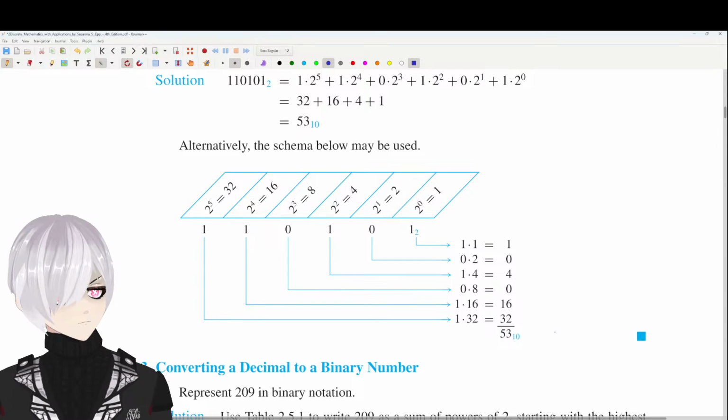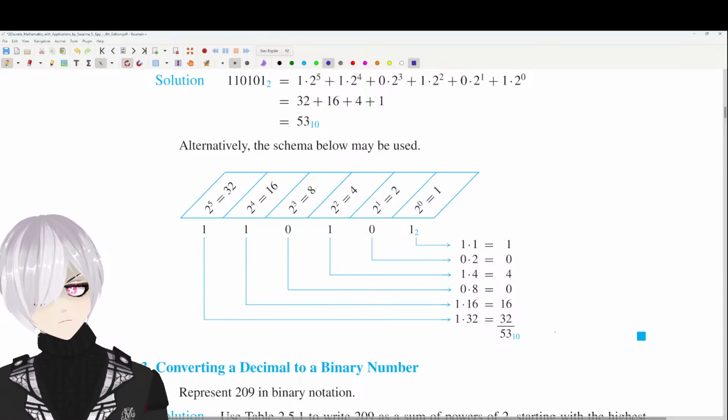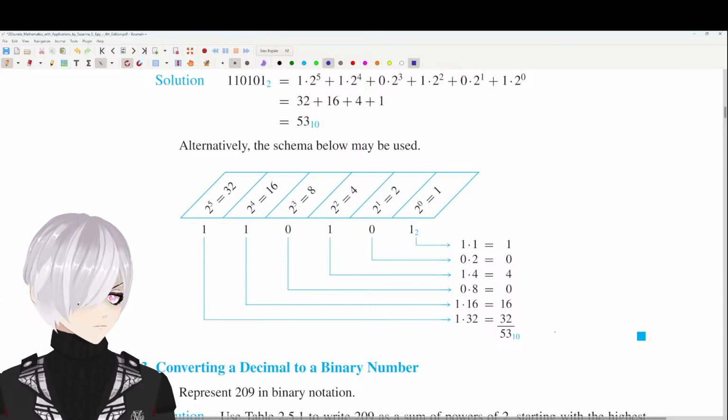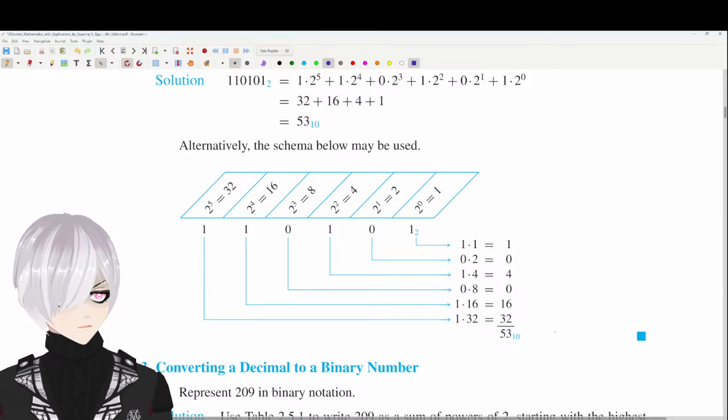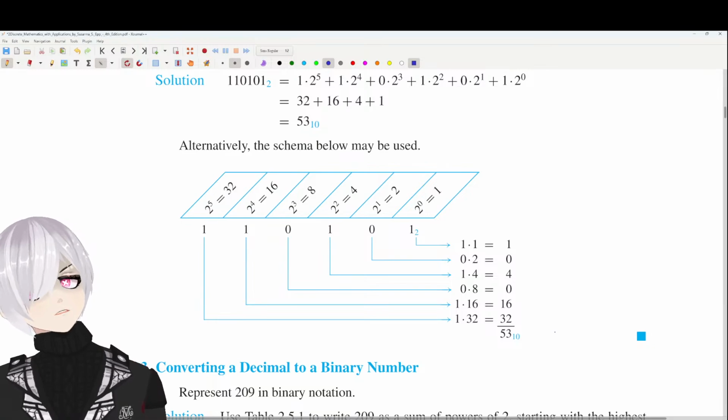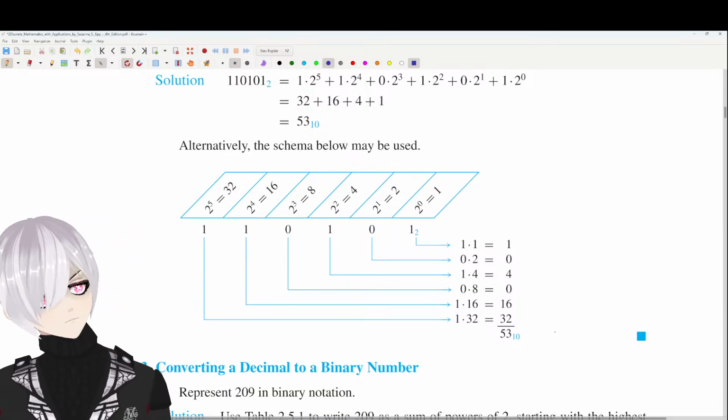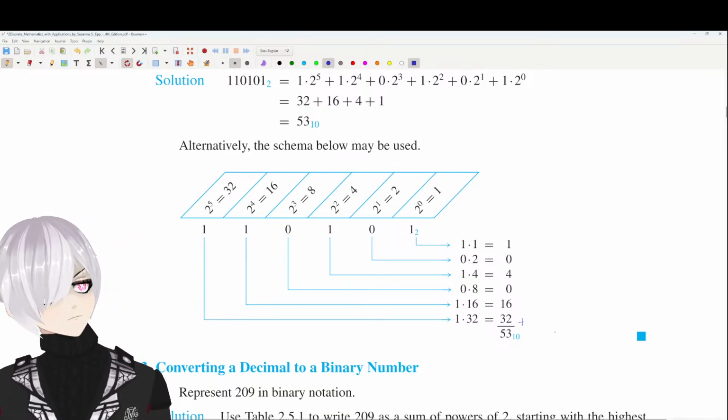So this is another way of representing it. What's this 32 over 53? Oh, the bar is just like the sum of all of these is 53. They should have written a plus sign though to indicate that that's what they were doing.